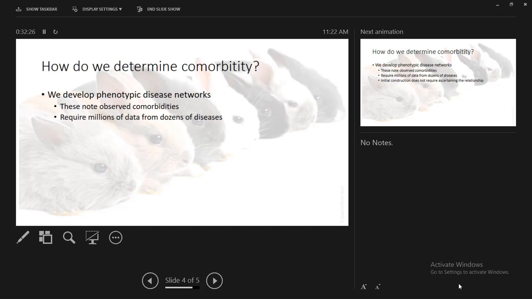In order to do these and to have reliable data, you need literally millions of data from dozens of different diseases. And so the textbook actually talked about two different, really well done phenotypic disease networks. And one of them was done with like 3.5 million patients and 160 different diseases. Okay? So these are a lot of data that are being used.